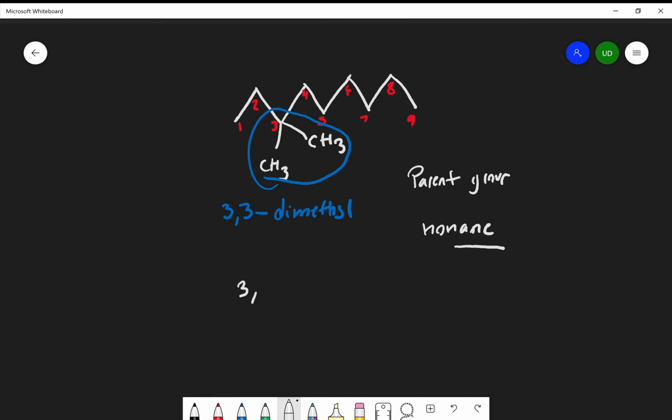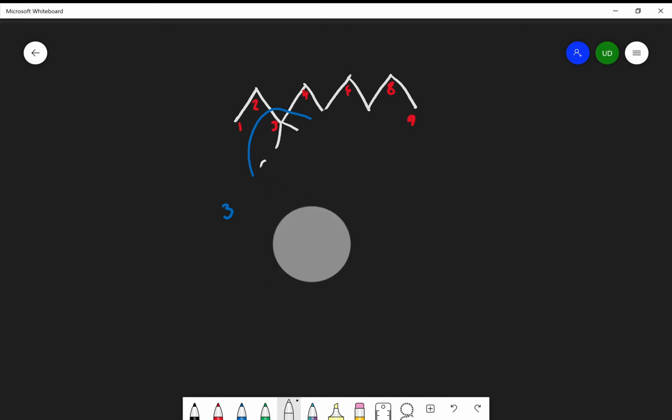So it'd be 3,3-dimethylnonane. So this is its proper name. Okay, let's try a different one.